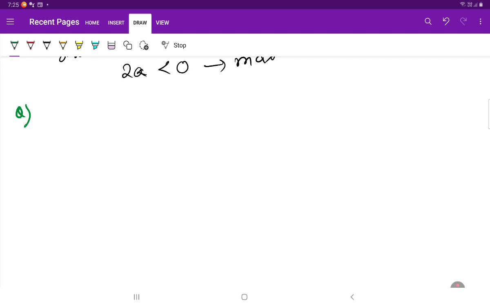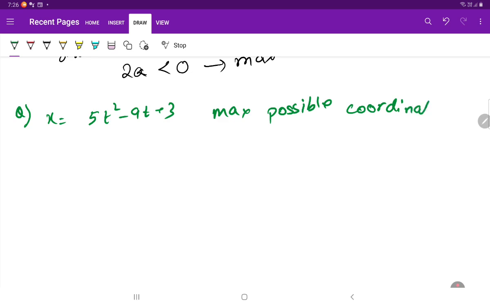Taking a question: you have x is equal to 5t square minus 9t plus 3, x as a function of time. Can you tell me the minimum coordinate of the particle?